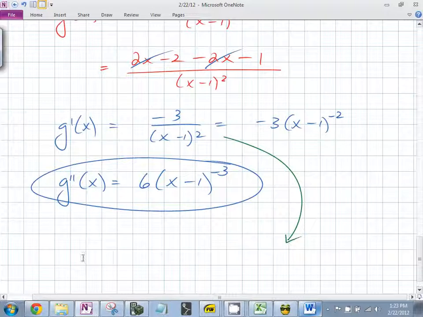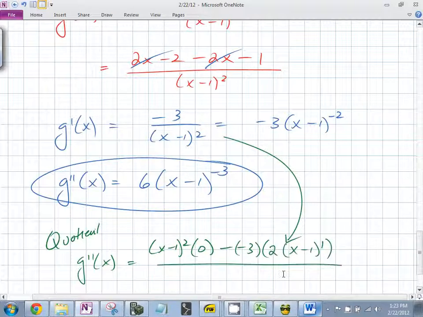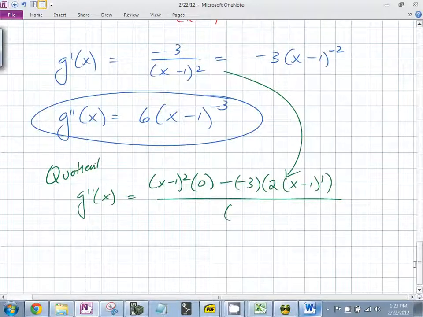So g double prime using the quotient rule. It's going to be low d high. What's the derivative of the top? 0, minus high. What's the derivative of the bottom? 2 times x minus 1 to the first, all over x minus 1 squared, squared.